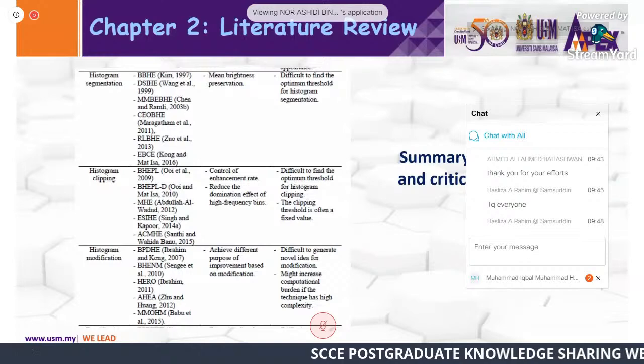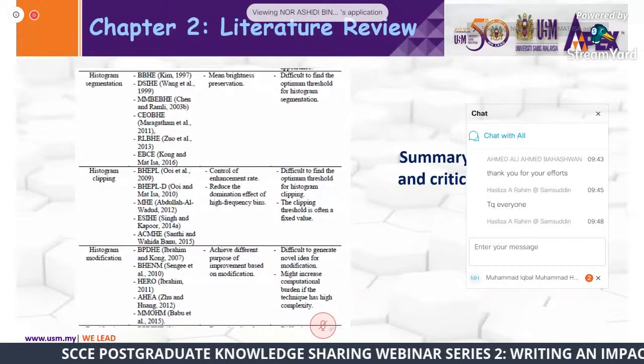What is the computational time? Why did you not analyze the computational time?